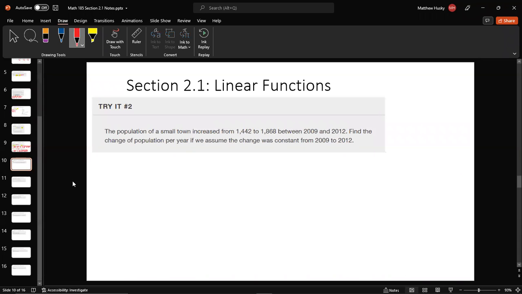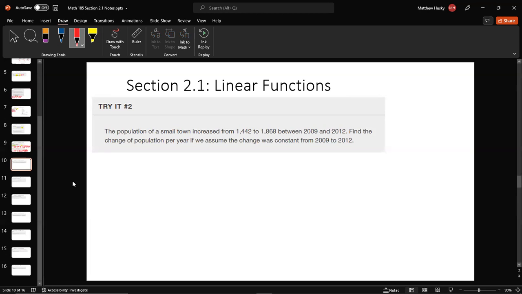The population of a small town went from 1442 to 1868 between 2009 and 2012. Find the change of population per year, if we assume that the change was constant from 2009 to 2012. Some years it may have been bigger, some years smaller, but we're going to split the difference and say it went up by the same amount each year.